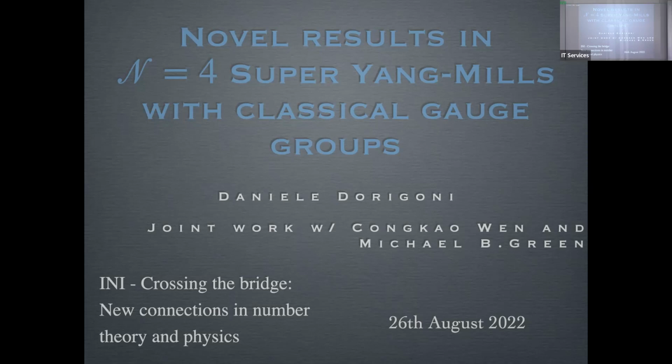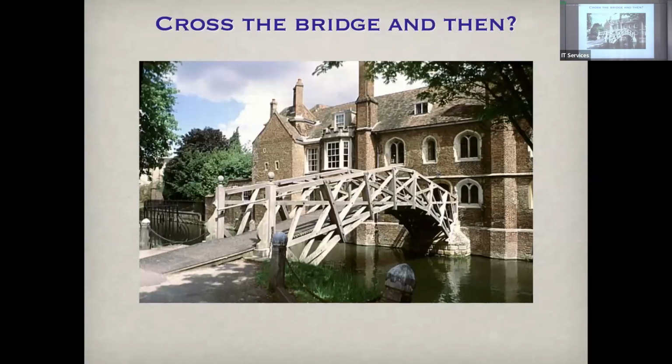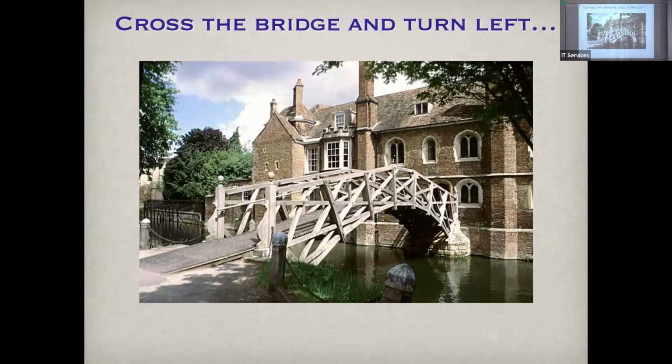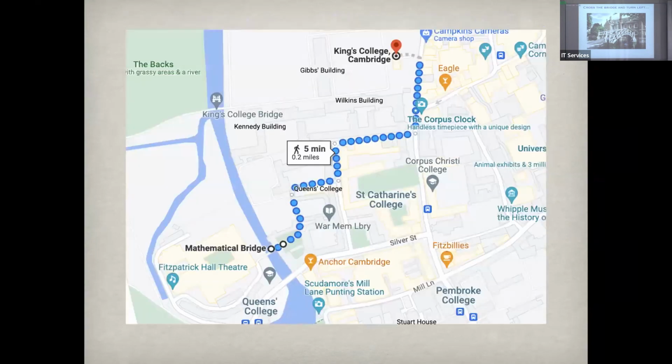So if it works. No. All right. Should be working now. Very good. So yeah, we have heard a lot of times in this conference that we have to cross the bridge. And then what? Well, I'll give you a suggestion. You can turn left after you cross this bridge, and you pop up in King's College.